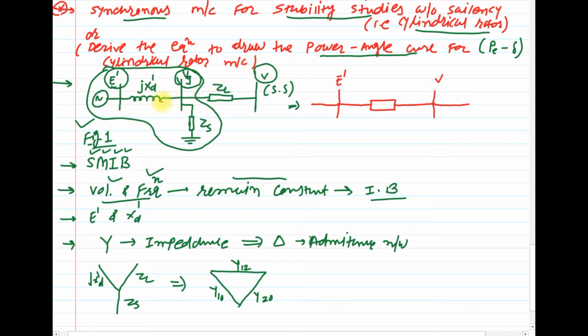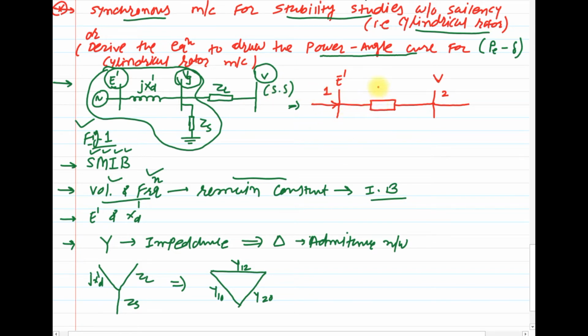Because for the study purpose, we require only two nodes in the system, one from the machine end and the other from the system end. Clear? So here we have node 1, which represents the machine side, and node 2, which represents the system side or substation side.